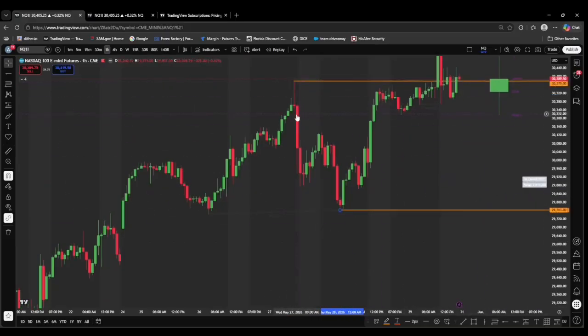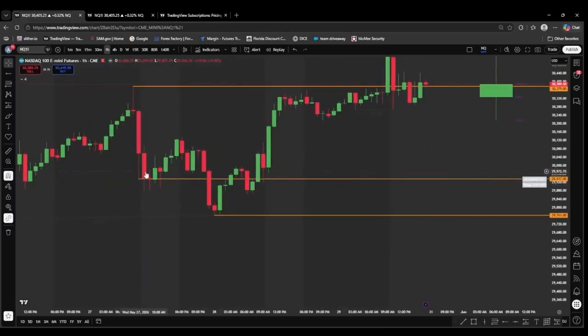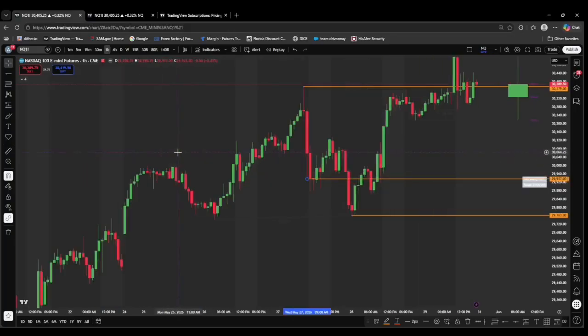The end of this candle, by 9 o'clock, if this is the 8 a.m., by 9 o'clock, price got as low as $29,937. That's where it closed at. And how do I know that? Because we know that bearish candles open at the top and close at the bottom. So that is how you know price is going down.